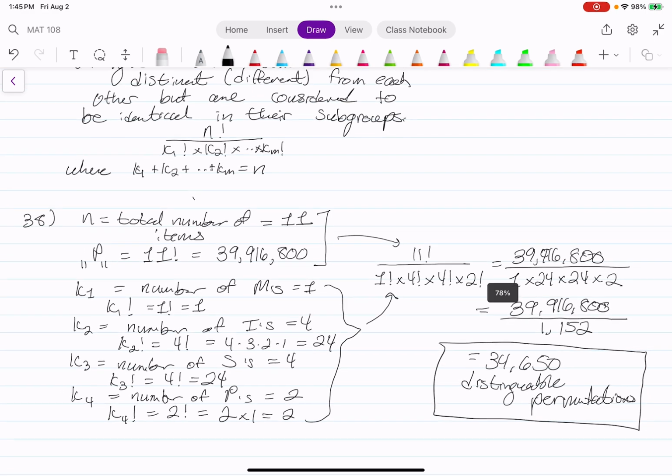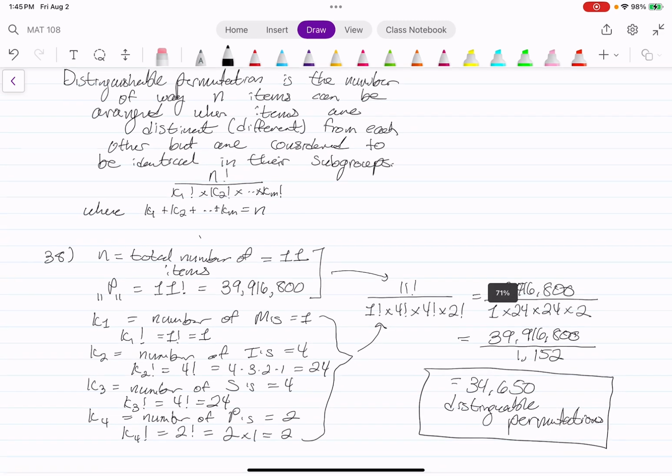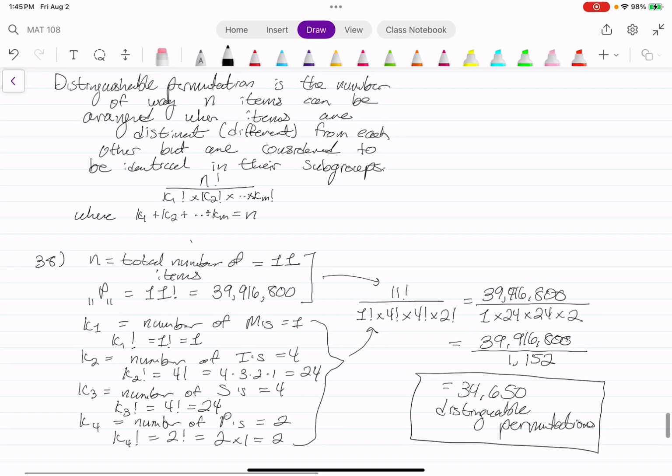And there you go. So yes, it's important for us to understand the definition of a distinguishable permutation. Once again, distinguishable permutations is the number of ways you can arrange n items, where when you look at the items as a whole, they are distinct. But then when you look at them and group them into their subgroups, they're considered identical.